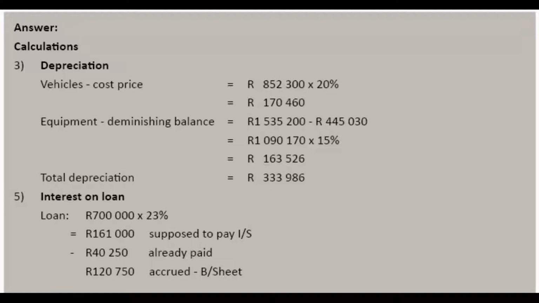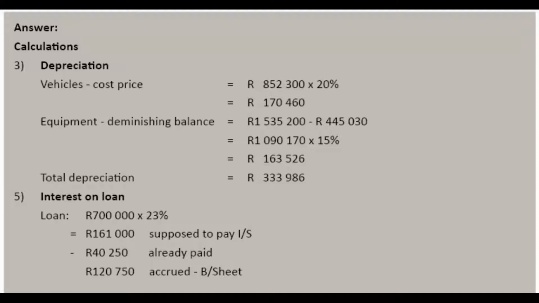Then adjust the interest on the loan account. The loan was 700,000, times 23%, which gives you 161,000.